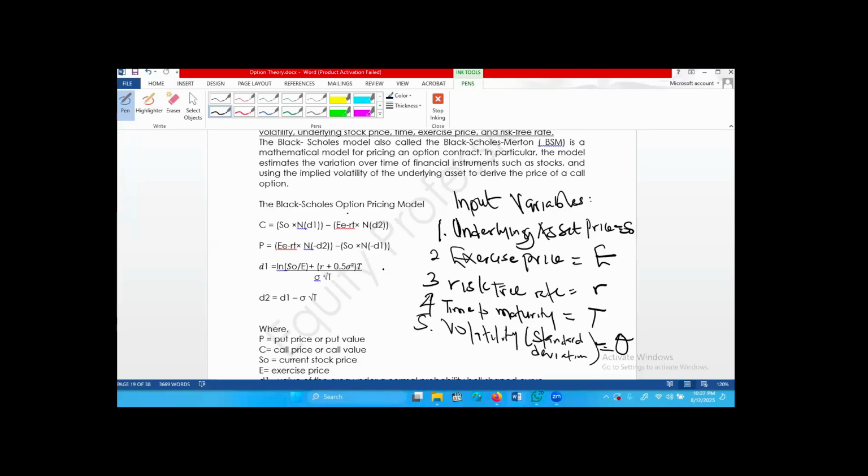Your d2 is equal to d1 minus sigma multiplied by the square root of T. This is the formula for Black Scholes.